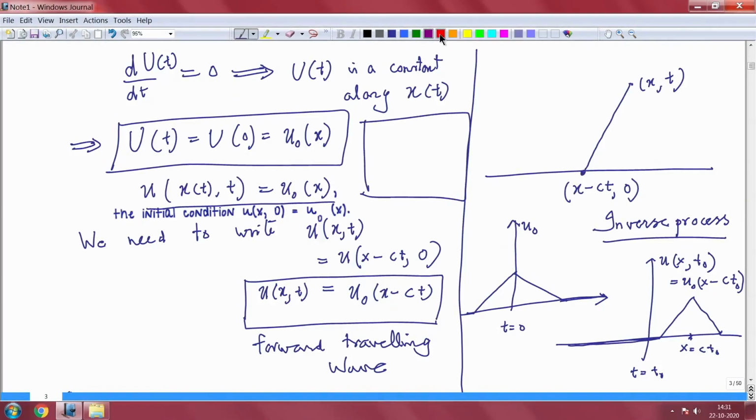This is my initial value. I am solving the problem u t plus c u x equal to 0, and then u at x, 0 is equal to u naught of x. So, the initial value problem is given.